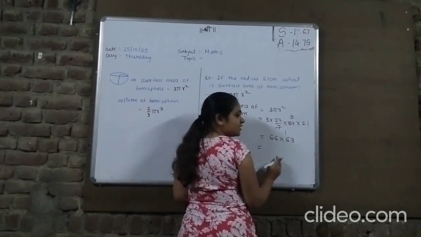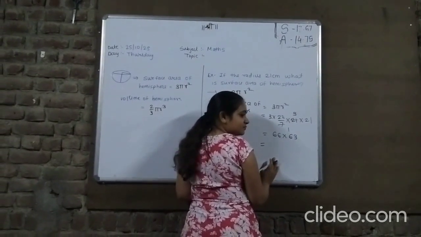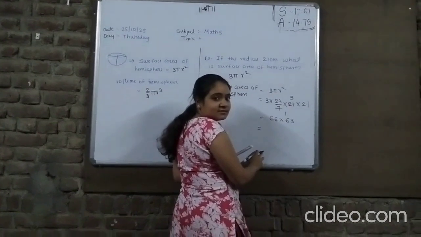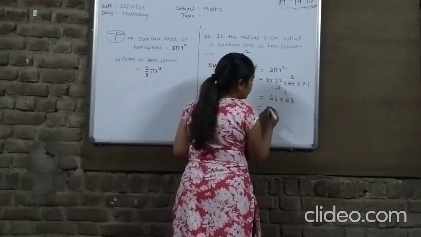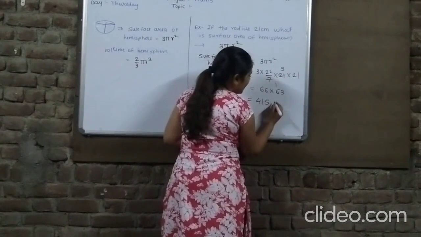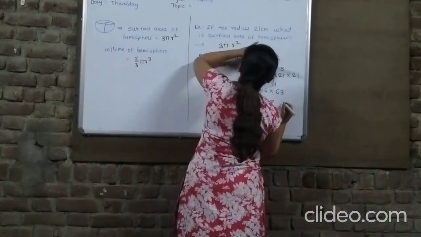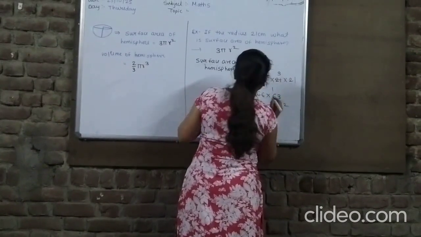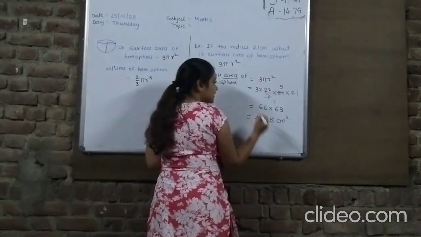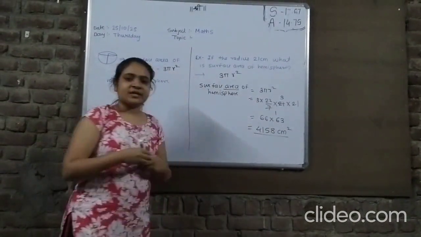The answer is 4158. What is the unit here? Centimeter square. Why? Because we are finding area. Okay, thank you.